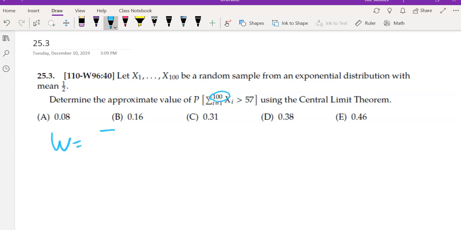All right, so if W is this sum of the X of i's, what's the mean of W going to be? It's not 1/2 because we're not doing a mean here. We're adding them. It'd be 50. It's going to be 100 times 1/2.